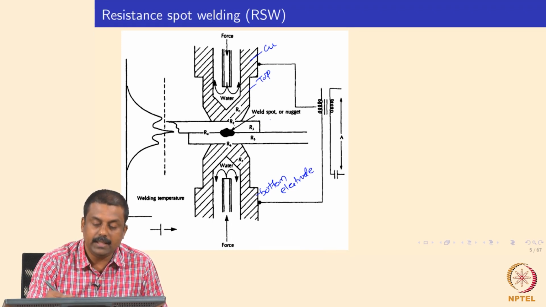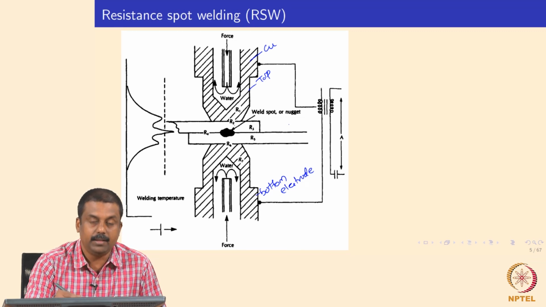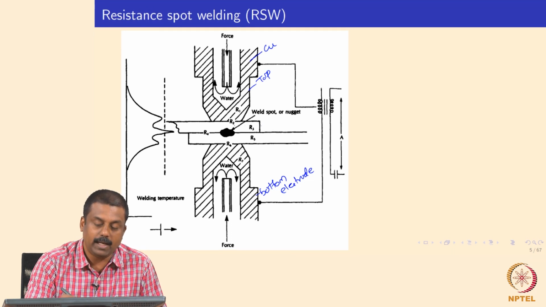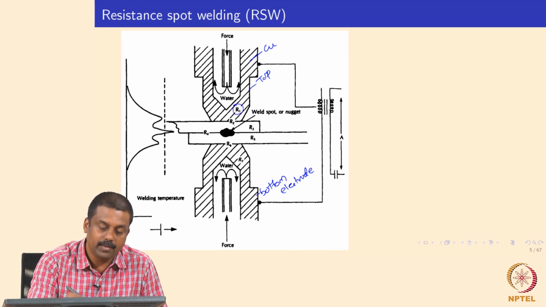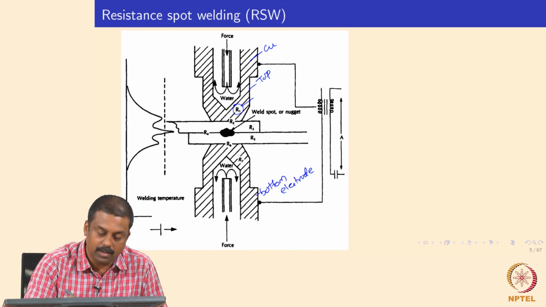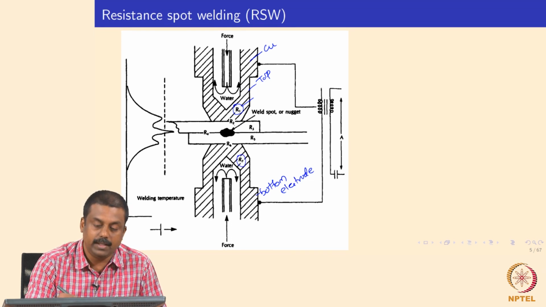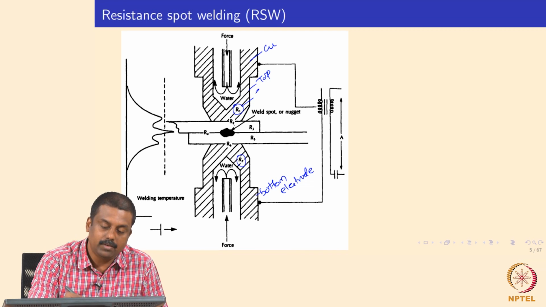And the faying interface, or the sheets to be welded, are kept in overlap configuration in between these water cooled copper electrodes, right. If you look at the system, there are typically 4 resistors present. For example, R1 denotes the resistivity of the copper electrodes.